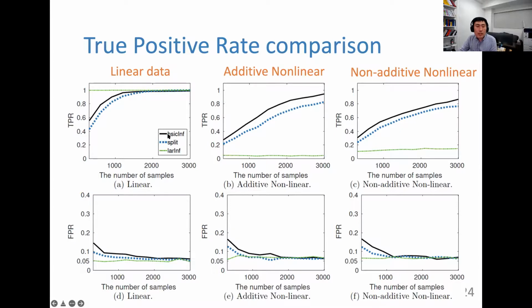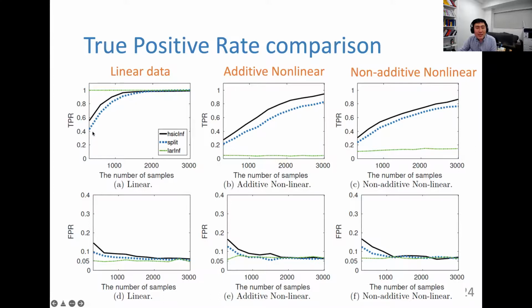We compare three methods: HSIC-Inf, which is a selective inference method; split, which is also a selective inference method; and LA-Inf, which is a selective inference method but a linear one. For the linear data case, the linear model performs the best.